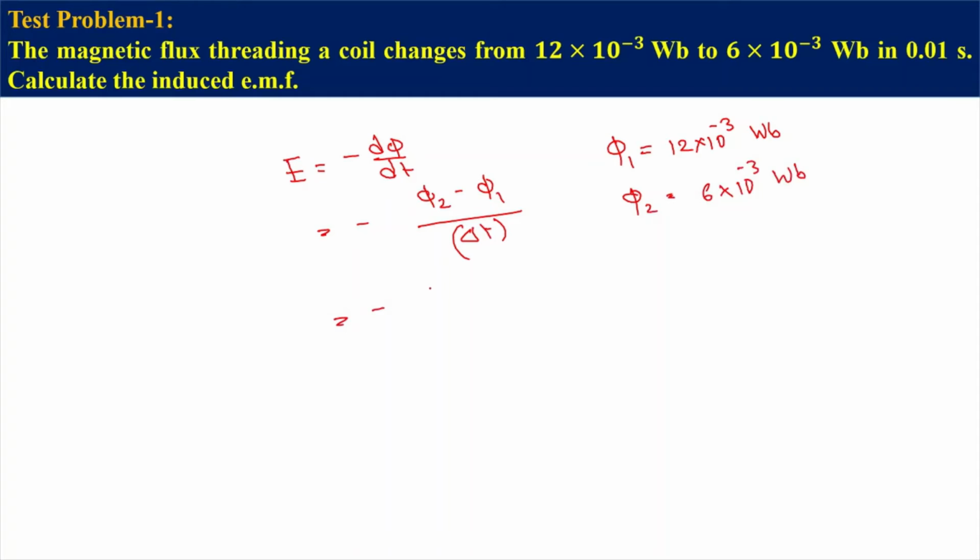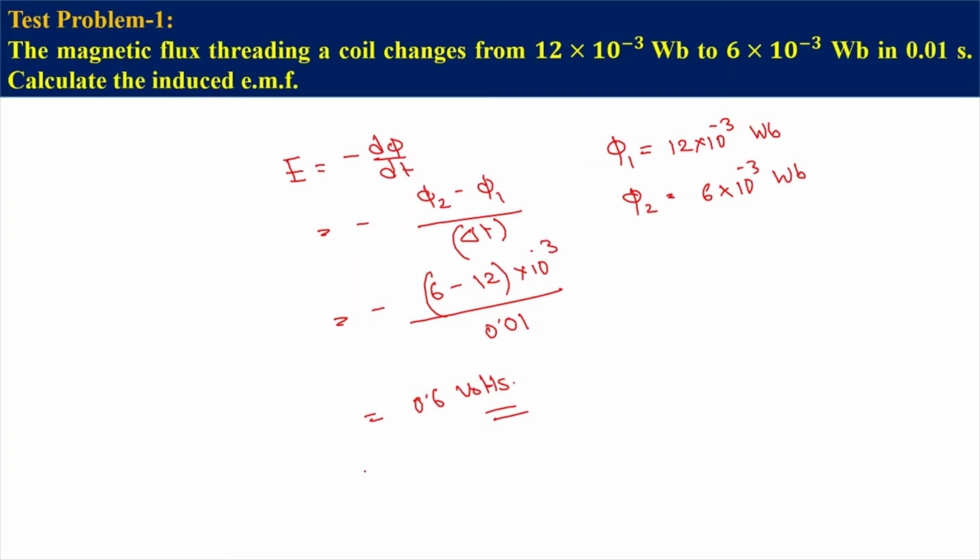So this leads us to 6 minus 12 whole into 10 to the power minus 3 divided by 0.01 second. If you solve it down, hopefully you should get an answer of 0.6 volts. So that is the magnitude of the EMF induced because of this particular change in the magnetic flux.